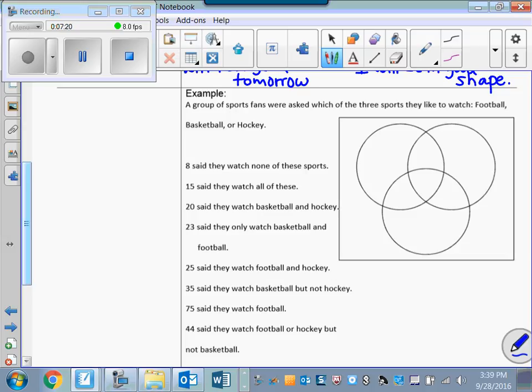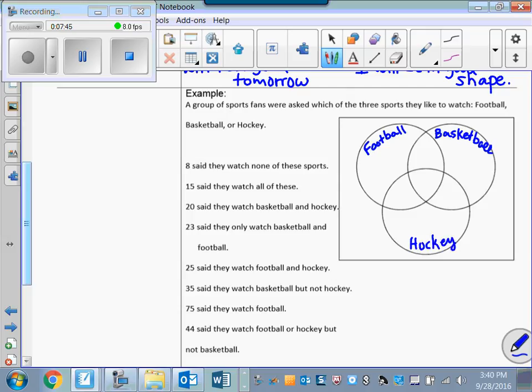I'm going to explain it to you tomorrow. I'll fill in the numbers and I just won't talk about it. So I got to label my circles. Football, basketball, and hockey.